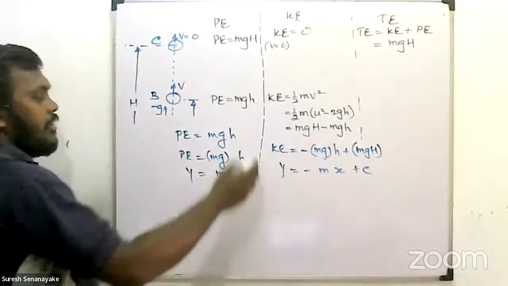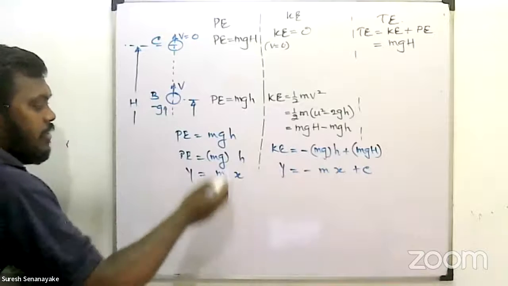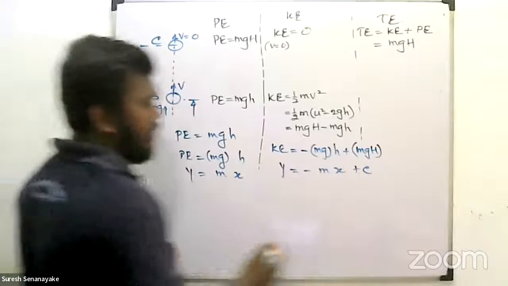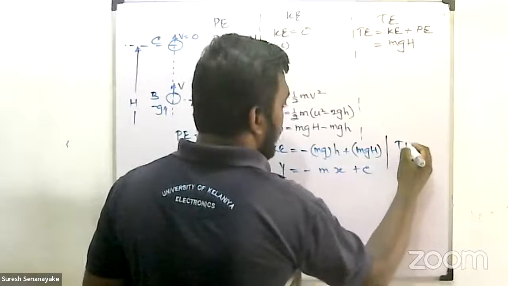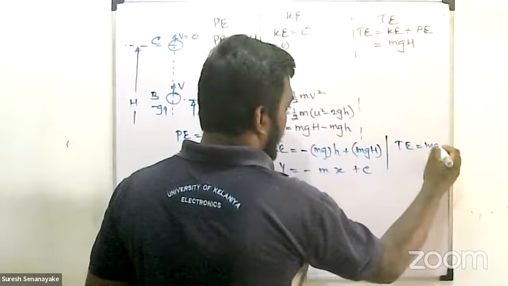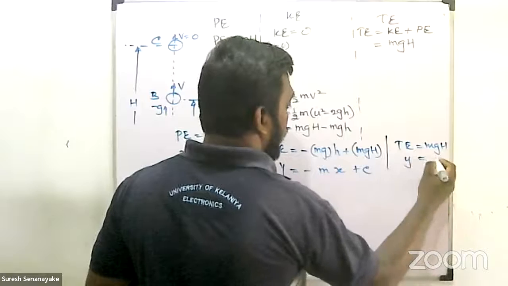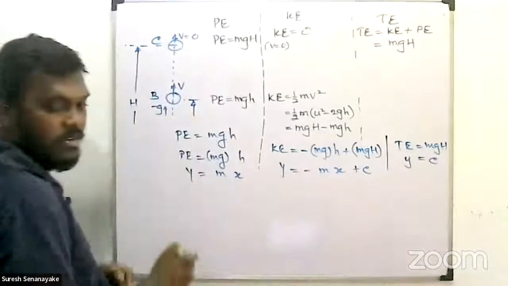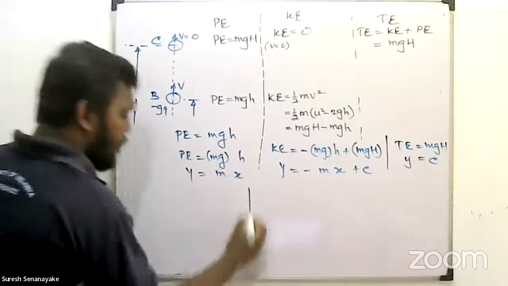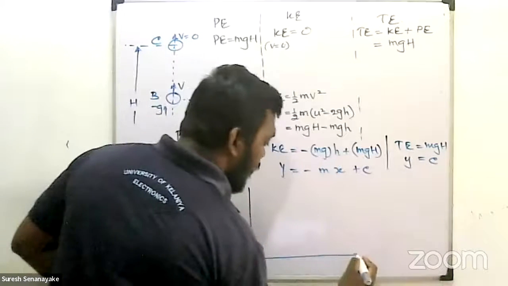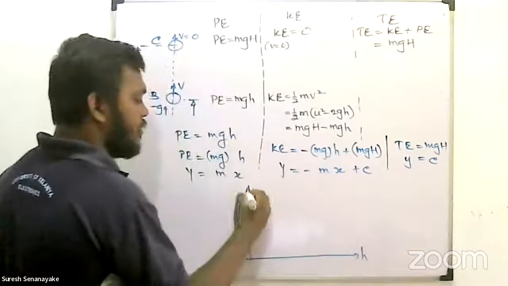The kinetic energy decreases with the height. The potential energy increases with the height. The total energy we consider is always mg capital H, so it's a constant. So this is just a y equals constant type graph. So when you represent this graphically, this is height, this is energy.